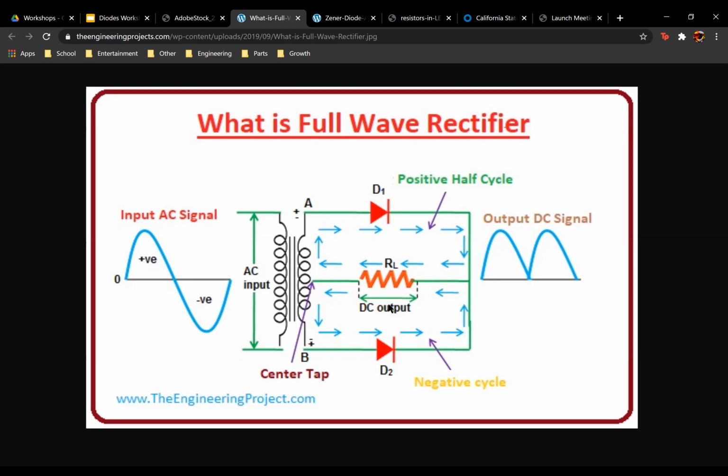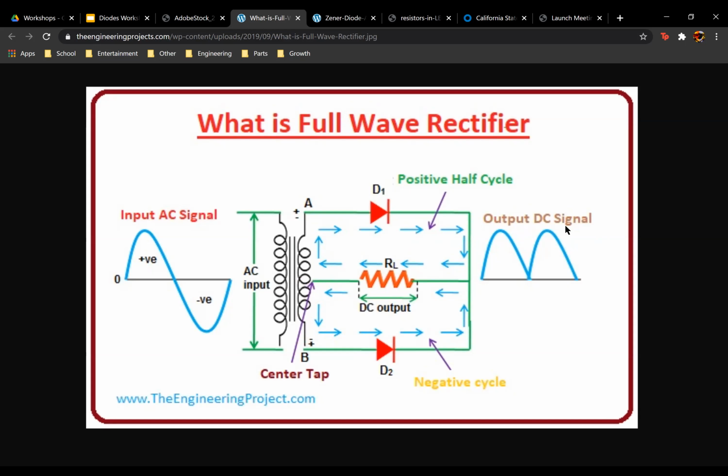This will start looking more like a straight line the bigger the capacitor you add into your circuit, and it'll flatten out to the point where it looks like a straight line, and that's the DC output signal that you want. With that, you can use it to charge some of your electronic appliances, like your phone or your laptop.